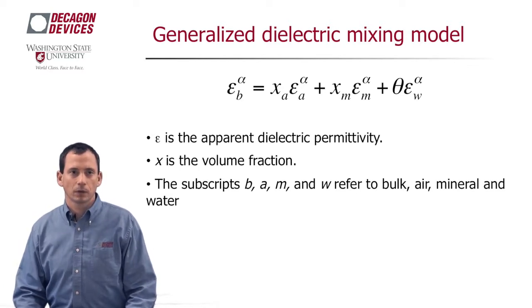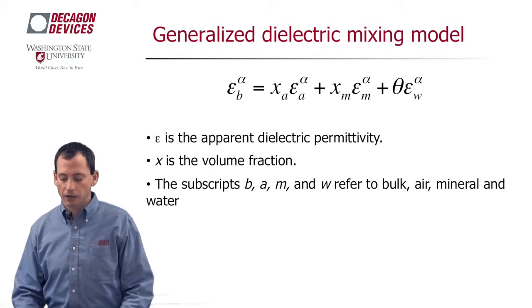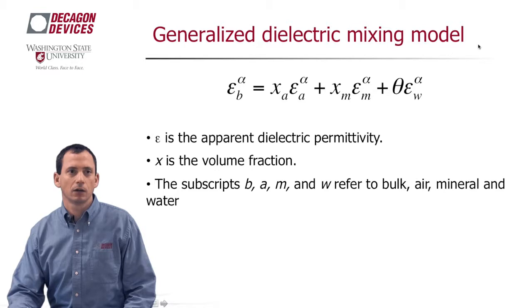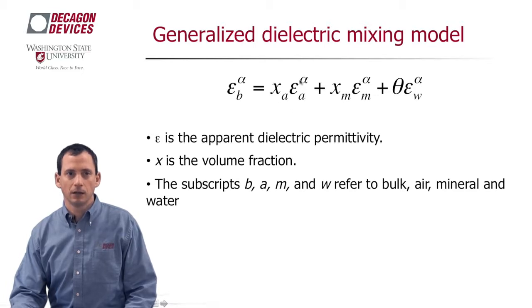And it's got a lot of components to it, but it's actually extremely simple. So what you see here is that this is the bulk dielectric permittivity. This is related to the volume fraction of air multiplied by the dielectric permittivity of air, okay, and then you have these little alpha coefficients, plus the volume fraction of minerals, and this is the dielectric permittivity of the minerals.